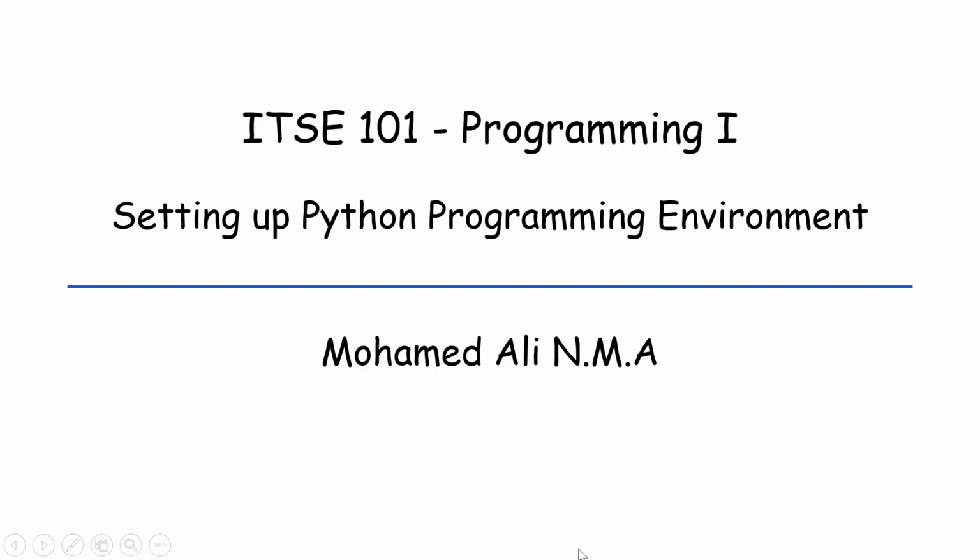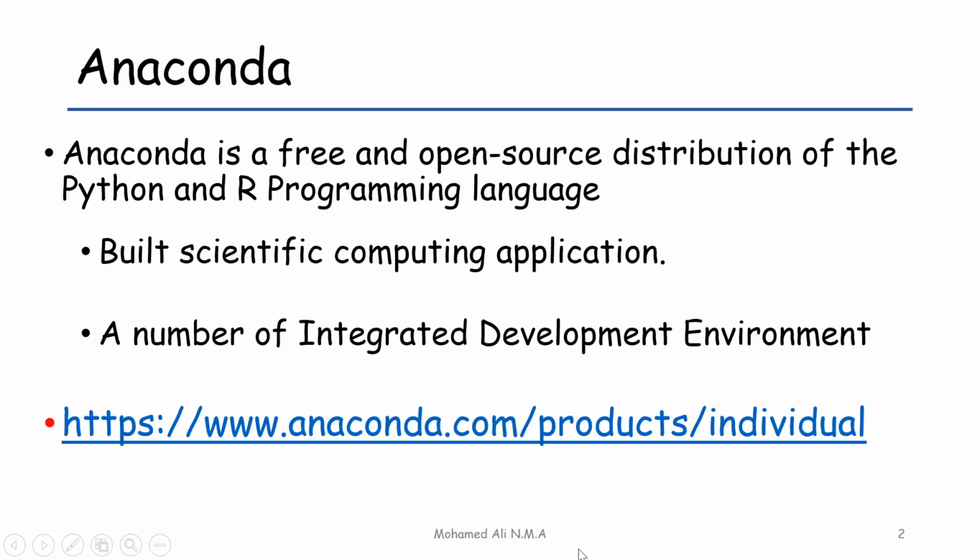We need to install the Python interpreter in our laptop or desktop computer. For that, we are going to install Anaconda. It is a Python distribution, a free and open source distribution of the Python and R programming languages. This Anaconda software package is freely available on the internet.